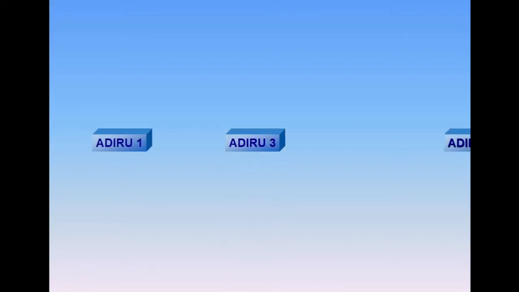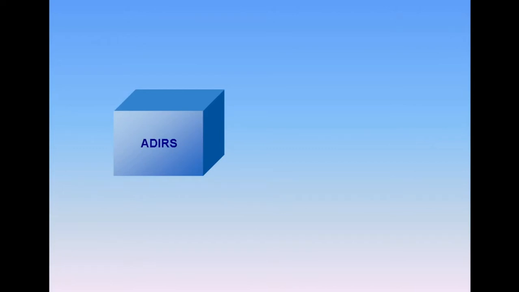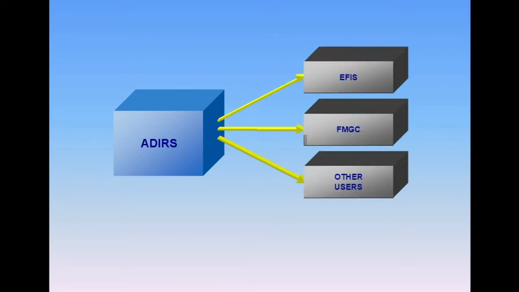The A320 is equipped with three separate but identical Air Data Inertial Reference Units. The purpose of the Air Data Inertial Reference System, ADIRS, is to provide air data and inertial information to the EFIS system, the FMGC, and other users.